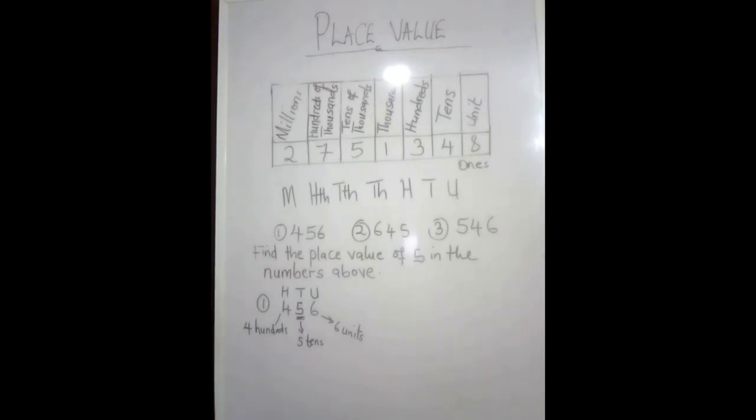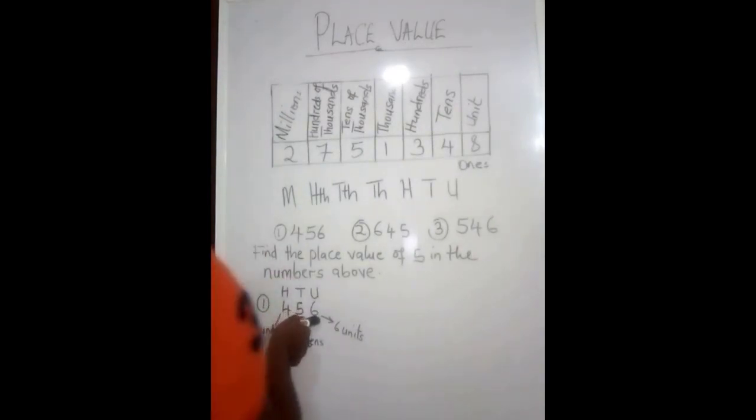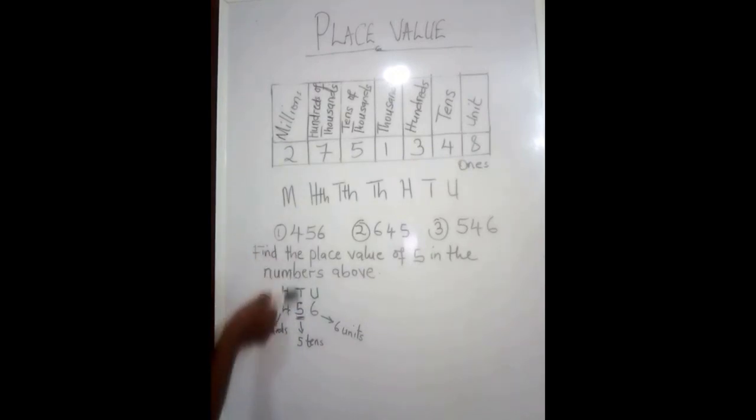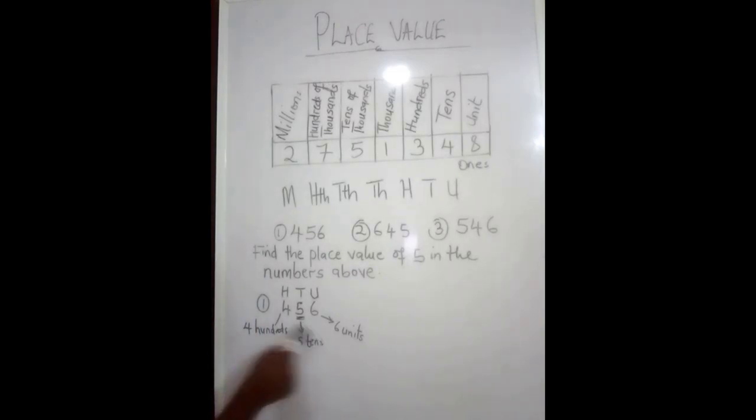Okay, so from arranging from your right towards the left, we find out that 6 occupies the position of units, 5 occupies the position of tens, and 4 takes the place of hundreds. So now we have 4 hundreds, 5 tens, 6 units.